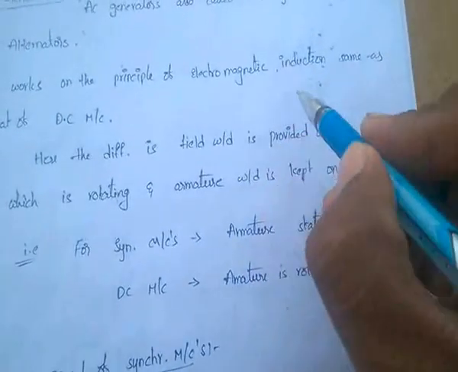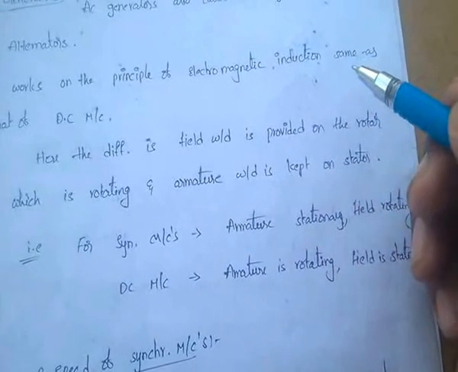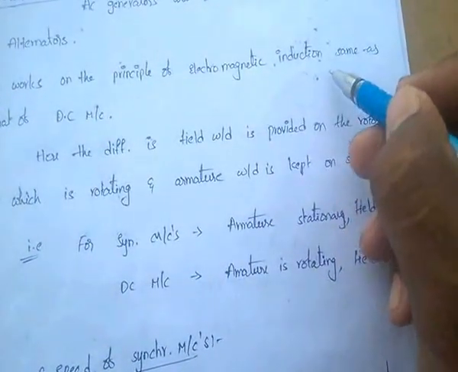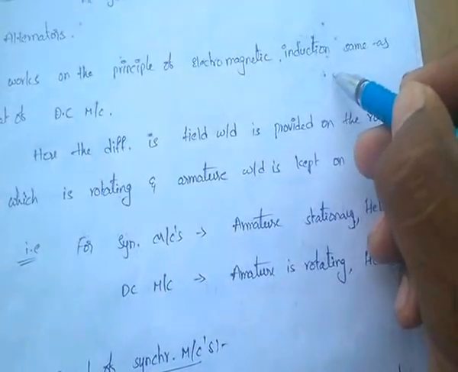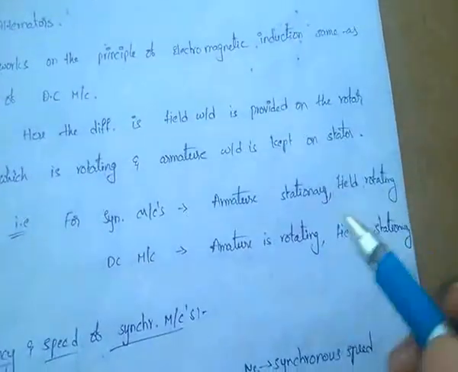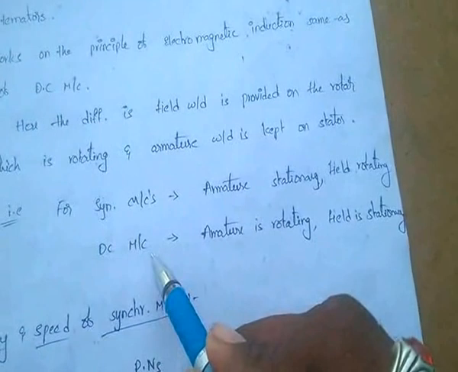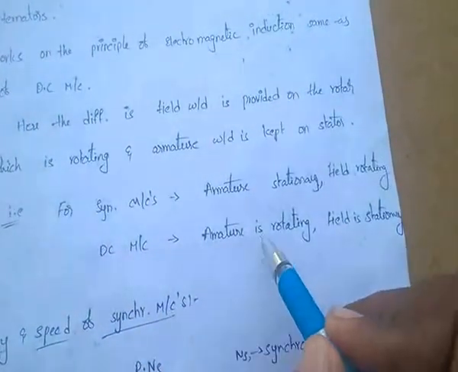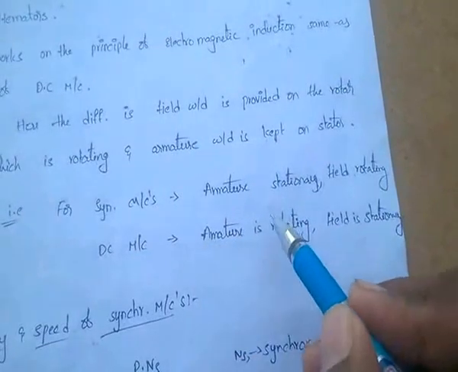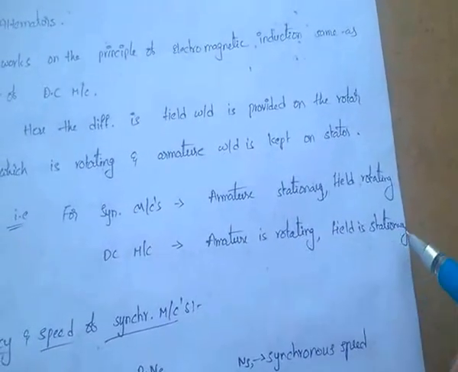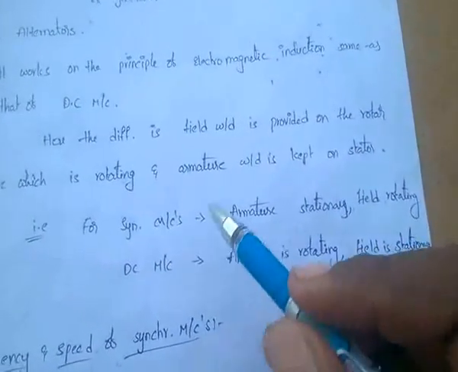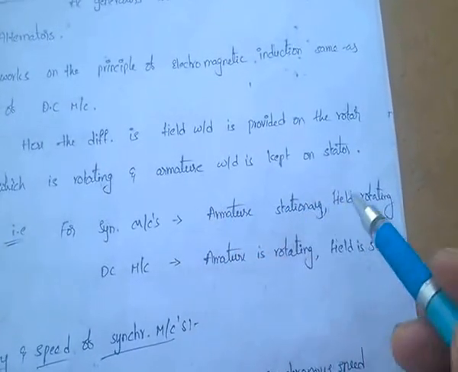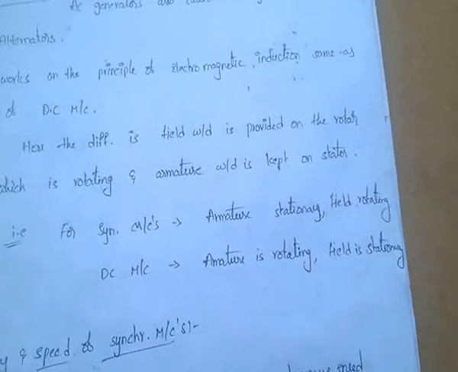In case of DC generators, the armature is rotating and the field is stationary. But in case of synchronous machines, the armature is stationary and the field is rotating.